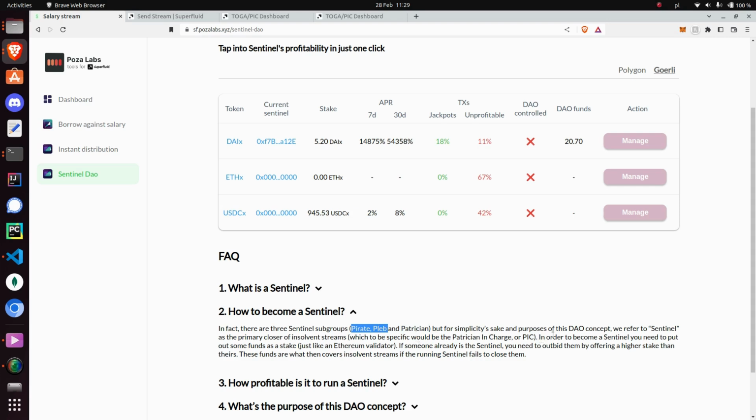So in order to become a Sentinel, you need to put out some funds as a stake. And this works in a similar way as an Ethereum validator, where in the Ethereum ecosystem, if the validator messes something up or becomes malicious, his stake gets slashed. And this works in a similar manner here.